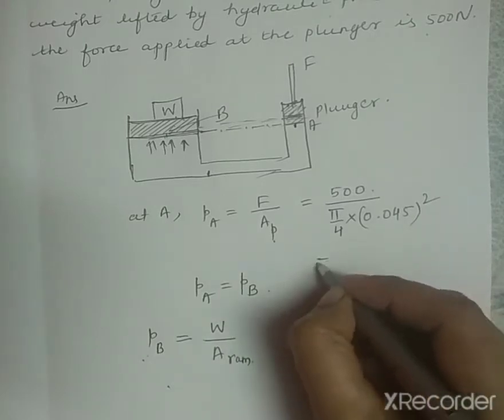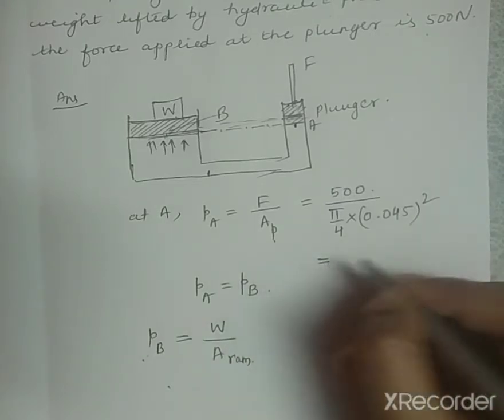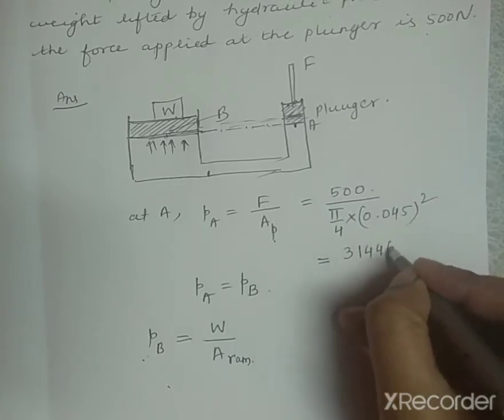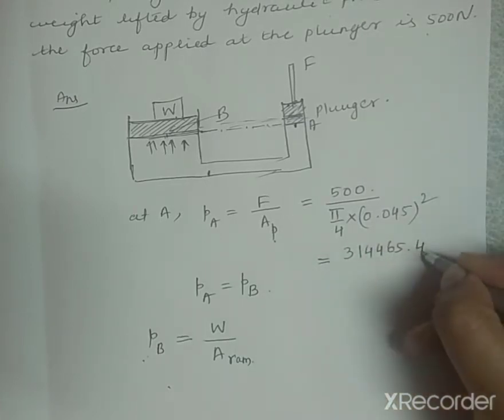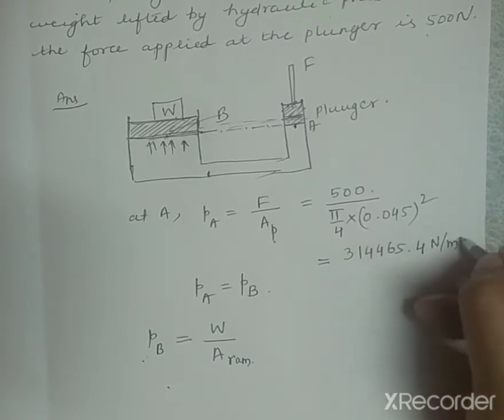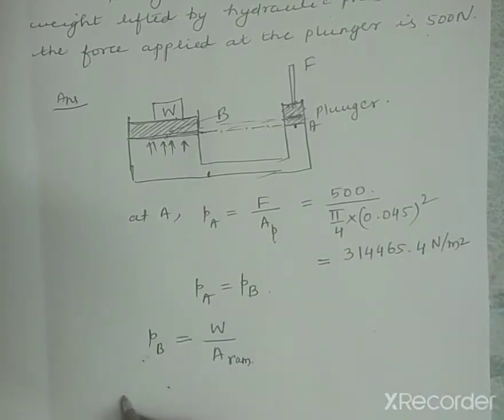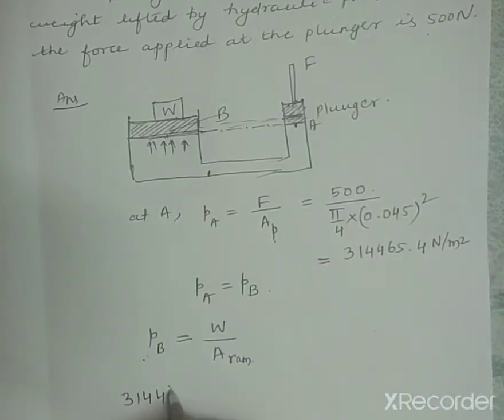So I will get the answer as around 314,465.4 Newton per meter square.